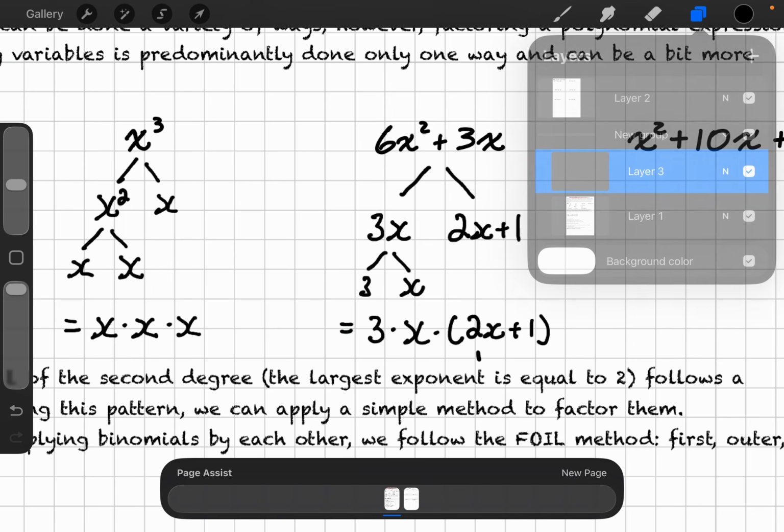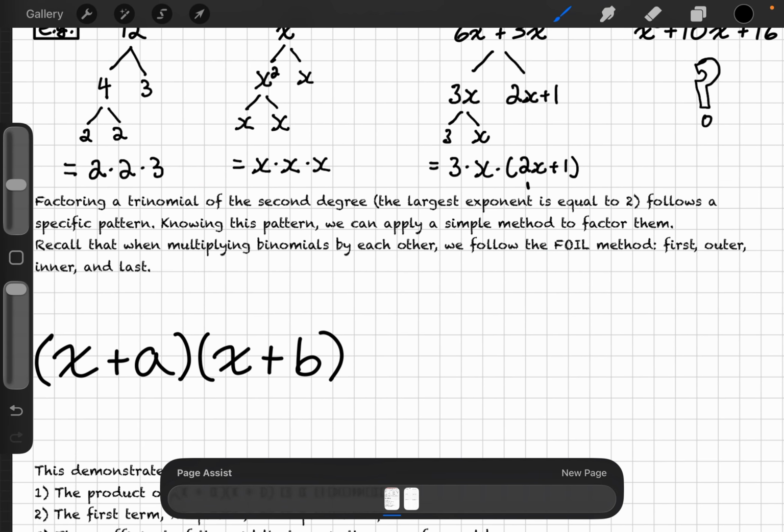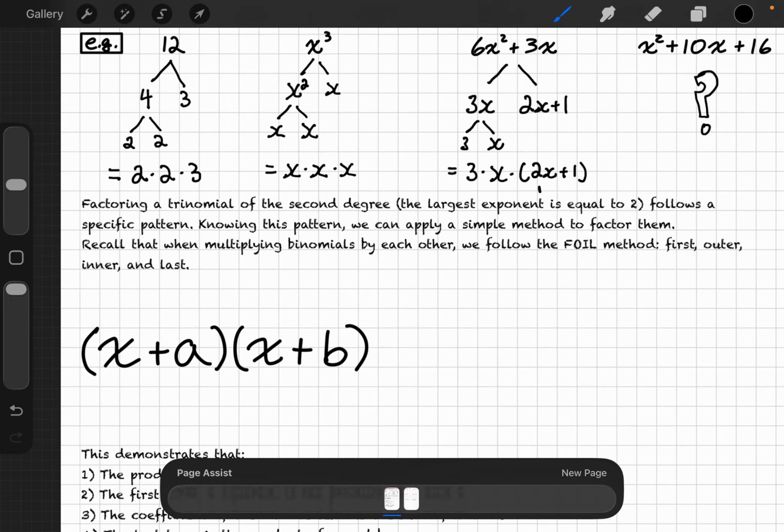Let's continue. Factoring a trinomial of the second degree, where the largest exponent is equal to 2, follows a specific pattern. Knowing this pattern, we can apply a simple method to factor them. Recall that when multiplying binomials by each other, we follow the FOIL method: first, outer, inner, and last.